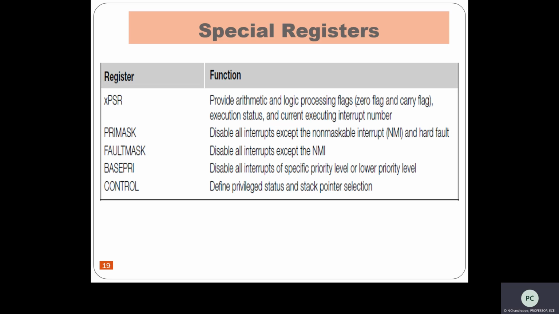The second one is the interrupt mask registers, which have three sub registers.